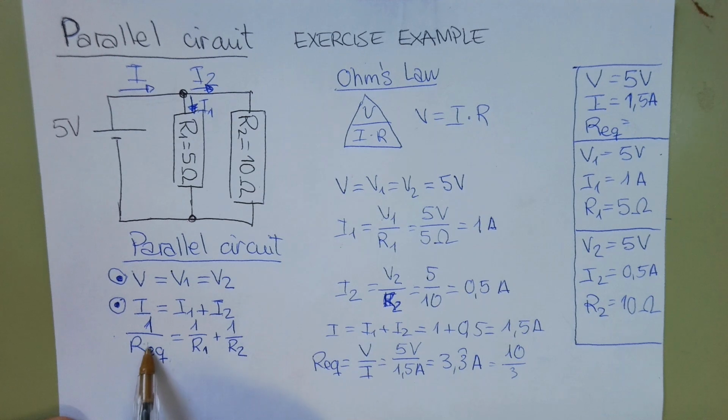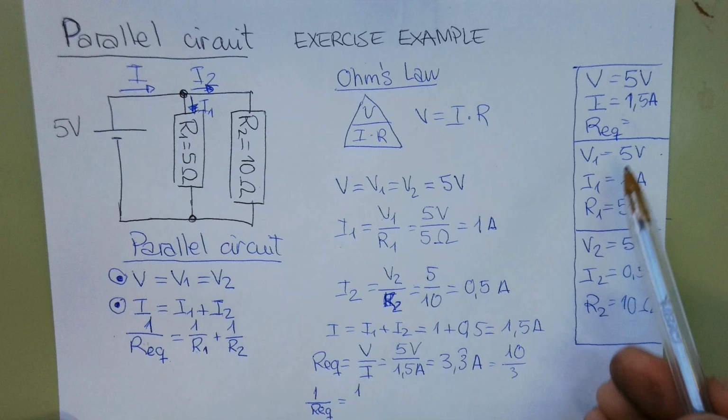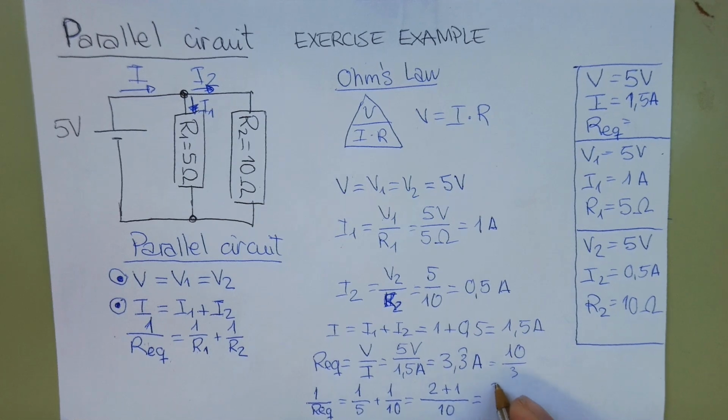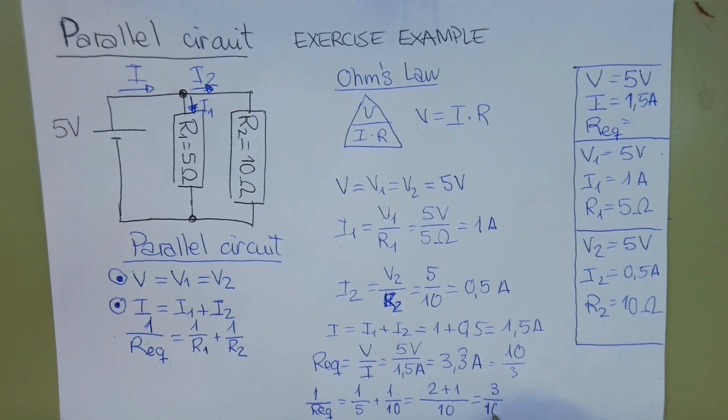But take care because this is a fraction. So 1 divided by the equivalent resistance is 1 divided by the value of resistor number 1, which is 5, plus 1 divided by 10. I have to do calculations with fractions. In this case, 10 is the least common multiple. So it's like 2 plus 1, which is 3 divided by 10.